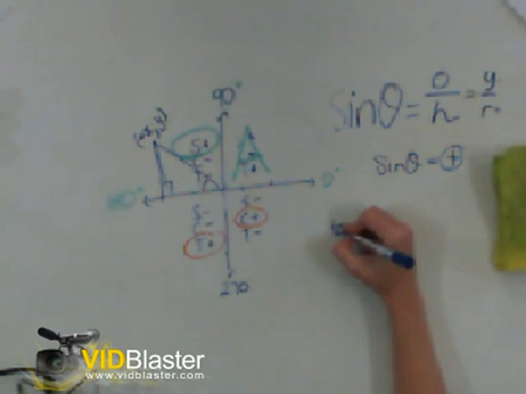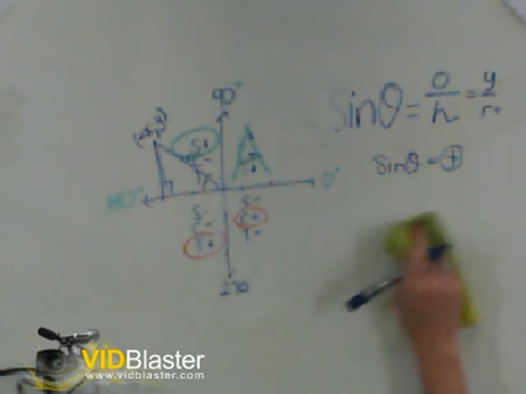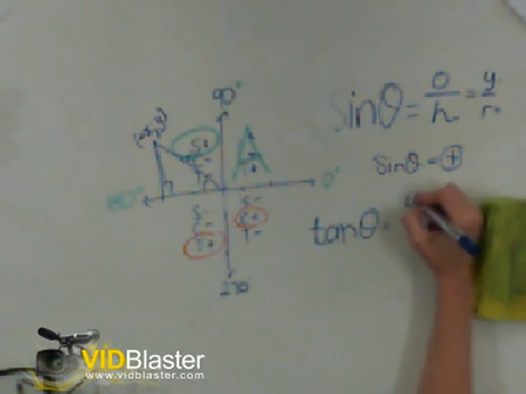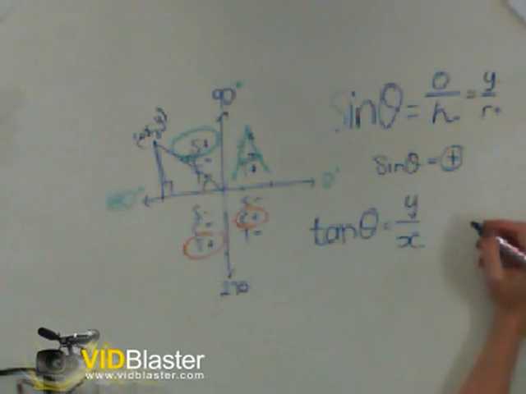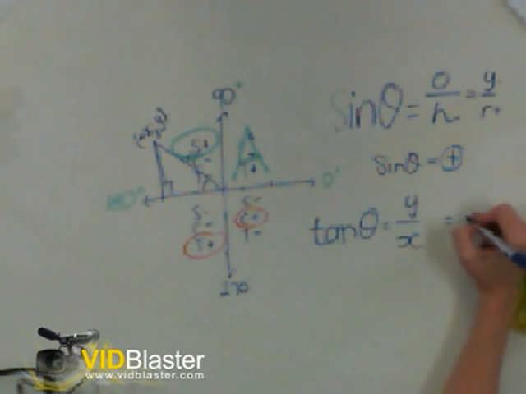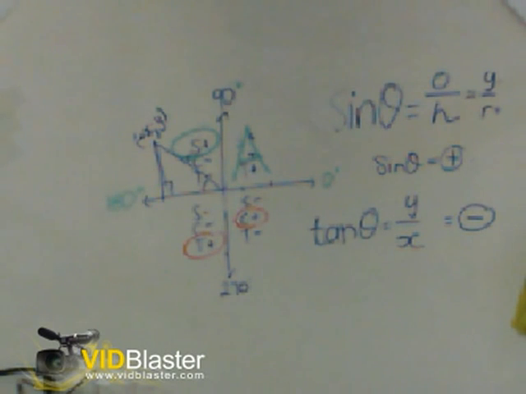And our r value is always positive, but of course that doesn't affect tan. But tan of theta is y over x, if I'm not mistaken. Yes. And when we have a positive divided by a negative, we will get a negative answer, and that's why tan is negative in that quadrant.